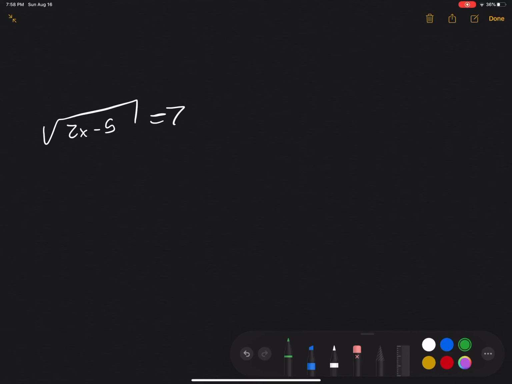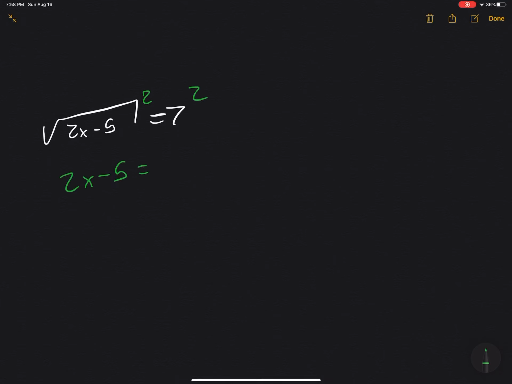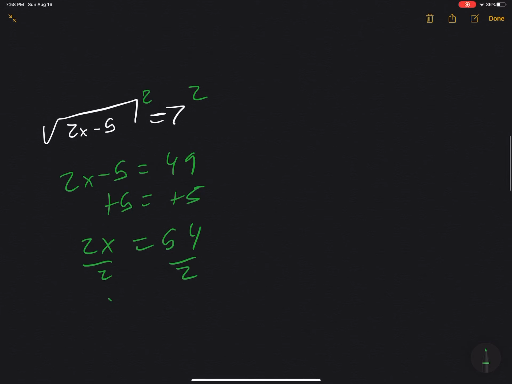Once again, we already have the square root symbol isolated, so we just square both sides. Square that, square that. And I have 2x minus 5 equals 49. Add 5, and we get 2x equals 49 plus 5 is 54. Divide by 2, and x equals 27.